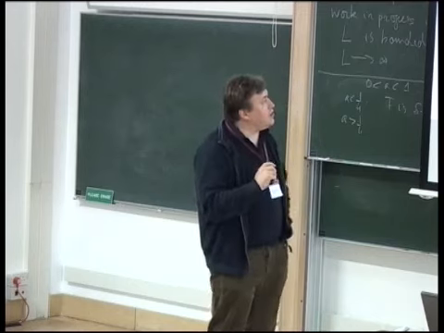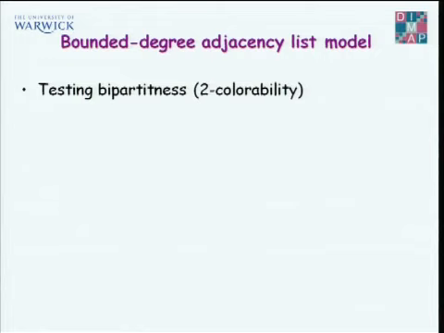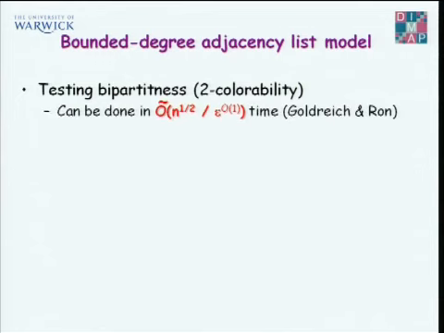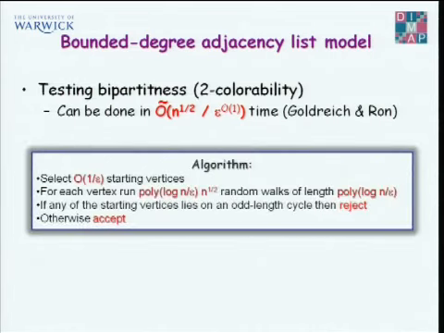Let me give you one example: the problem of testing if a graph is bipartite. There is a very nice algorithm for this problem, given by Goldreich and Ron, which works in something like square root of n time. The algorithm does the following. You randomly pick 1 over epsilon vertices. From each of these vertices, you start some square root of n random walks, each of polylogarithmic length.